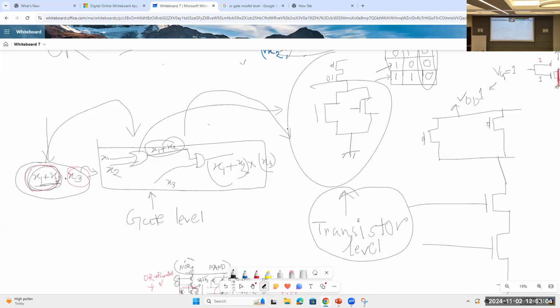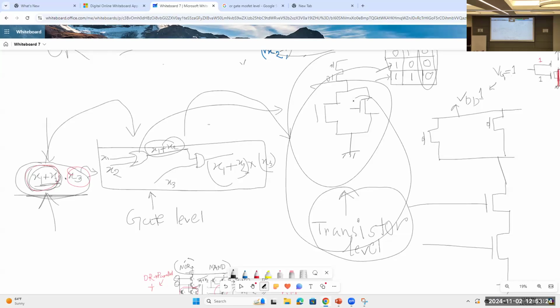I'm doing this manually, but there are some software tools where, if you input this kind of function, it will generate the transistor level circuit. There are some automated software tools.